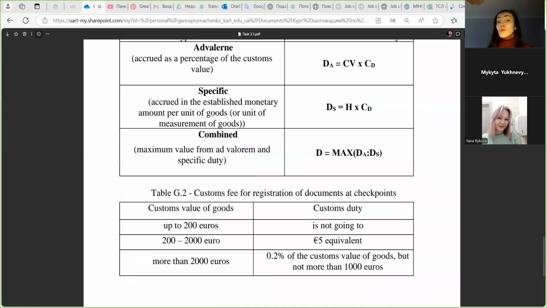If it will be more, we give 1,000 euros. If it will be less, we use the sum you found. So the result, your sum that is more than 2,000 euros, you need to multiply by 0.2%, but not percent, remember, we divide it by 100. So multiply it by 0.002.